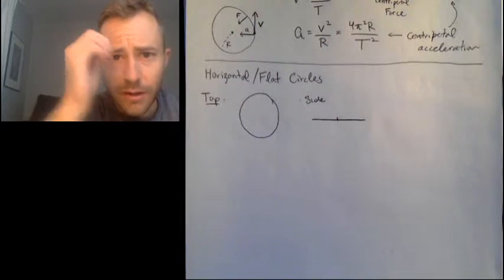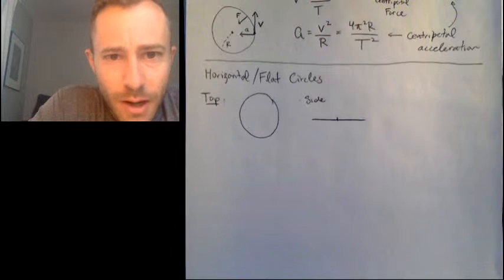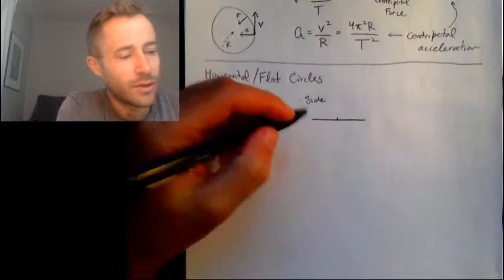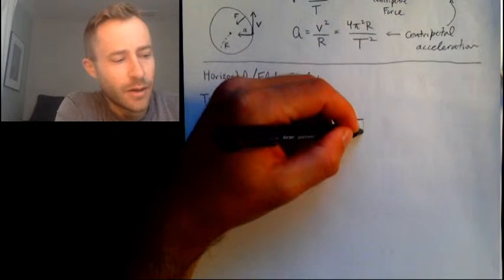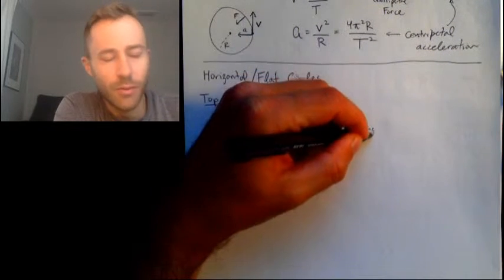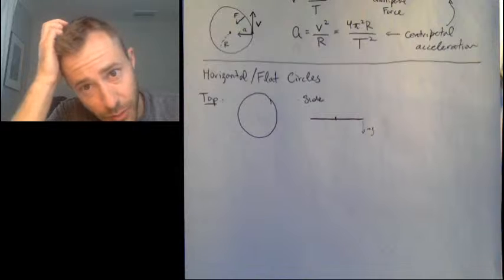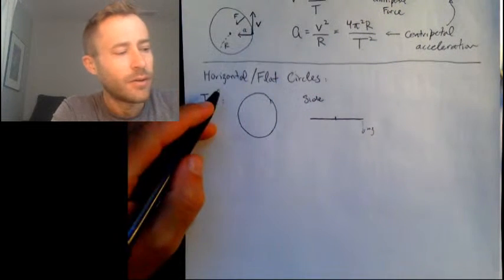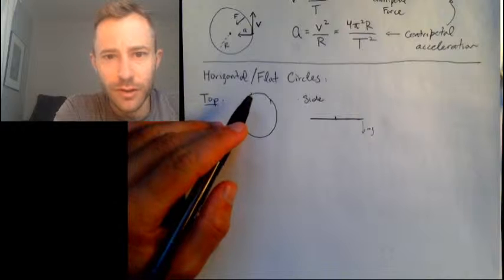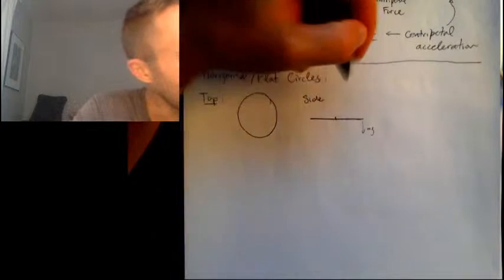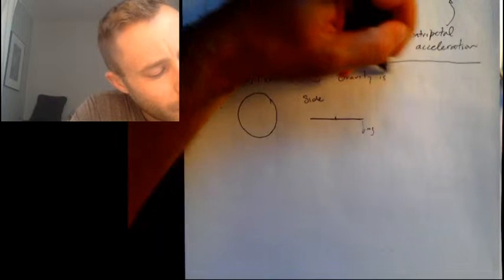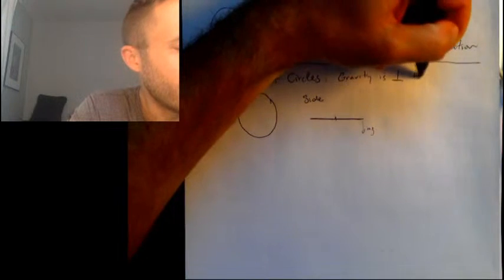All right. Now, what is significant about flat circles? Well, the significance of flat circles is that you're looking at it from the side, gravity points downward. mg points downward. So the significance of horizontal and flat circles is that gravity is perpendicular to the plane of the circle.